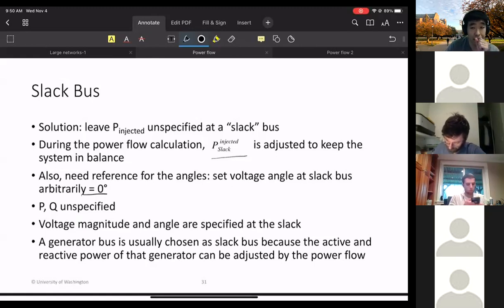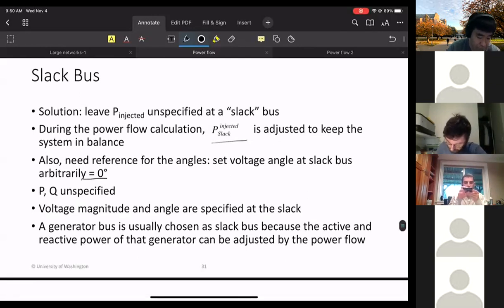And so the slack bus is basically a bus where you pick the voltage, set the angle to be 0, and PQ is whatever it works out to be. So that's why we almost always choose a generator bus to be the slack bus. Once you solve the rest of the network, the slack bus can provide P and Q to balance the system and to maintain the system to be feasible.